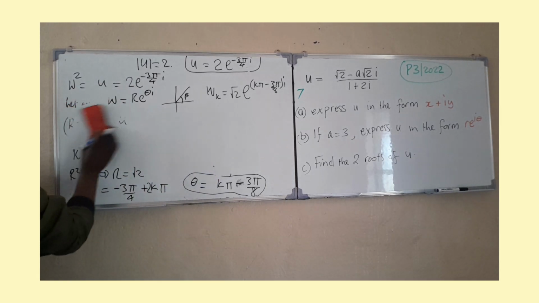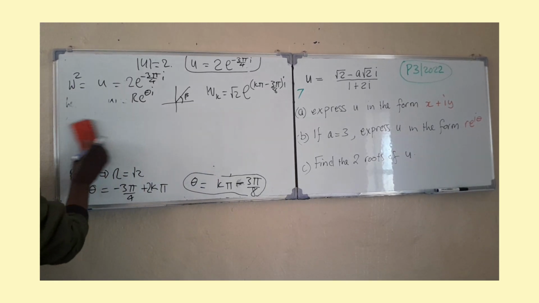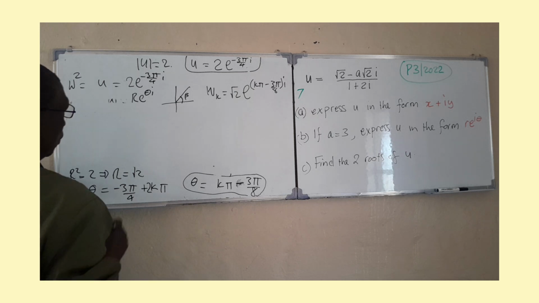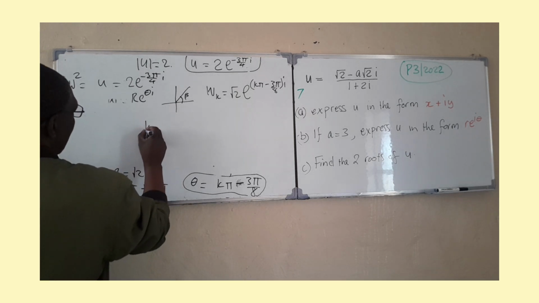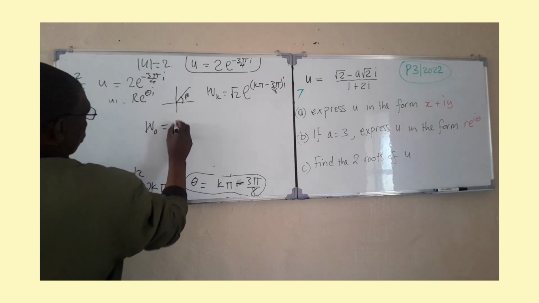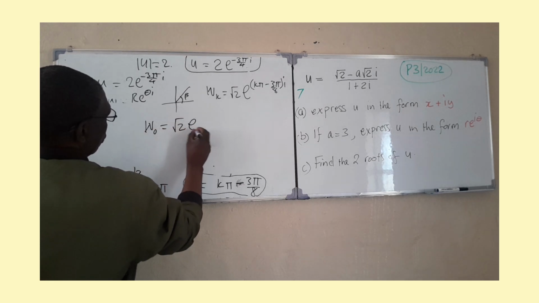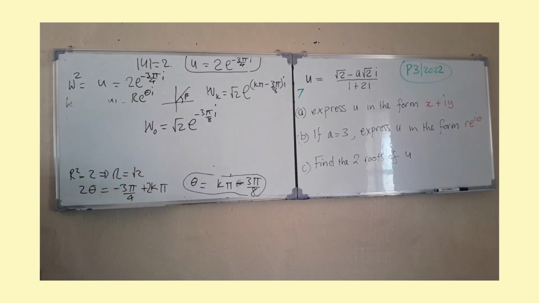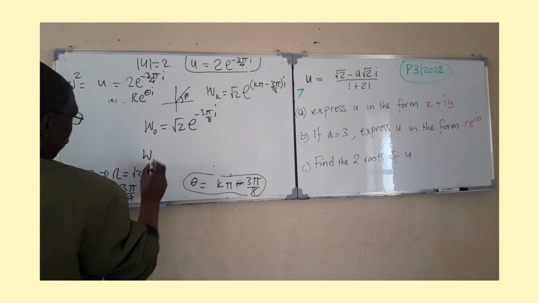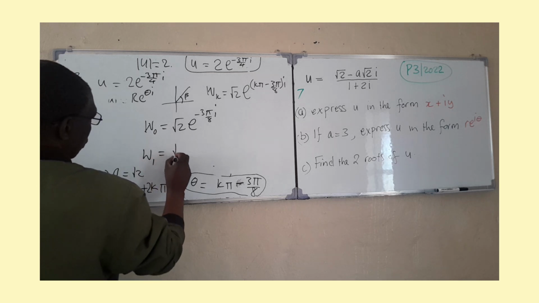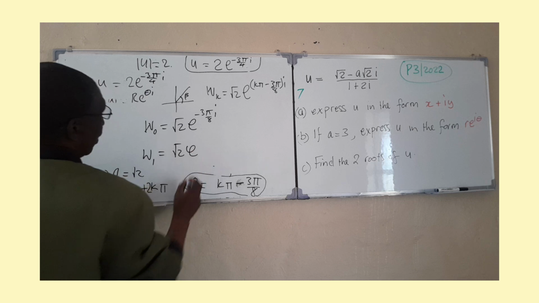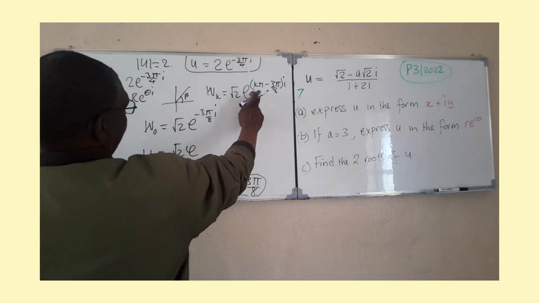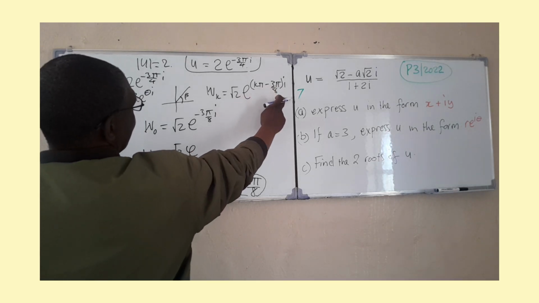So the first root, of course there are 2 roots. The first root is given by k is equal to 0. So the first root will be w0 is equal to root of 2 e to the power, when k is 0, that will just be minus 3 pi over 8 i. That's the first root. The second root is given by w1 when k is equal to 1, which is equal to the root of 2 e to the power, well, when k is 1, we have pi minus 3 pi over 8.